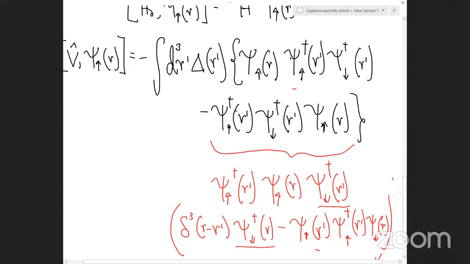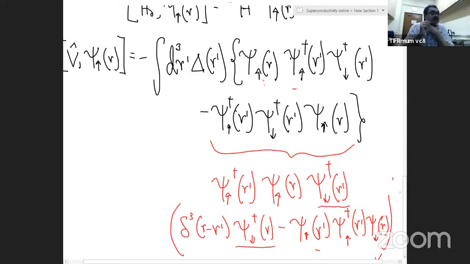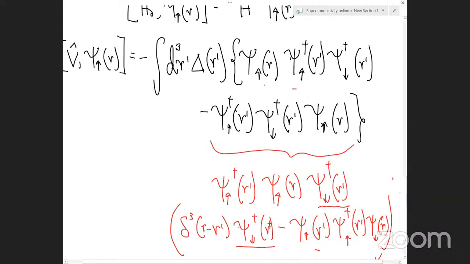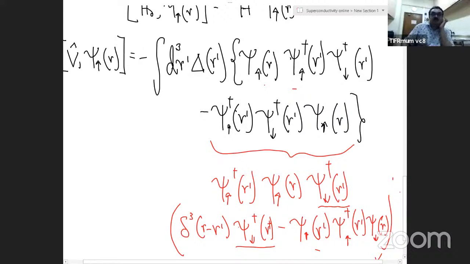Alright? Okay, sir. Then there should be an R prime, right? There should be an R prime. Yes, first probably. And then in the second term, the first one should not be R, the first one should be R, and the last one should be R prime.